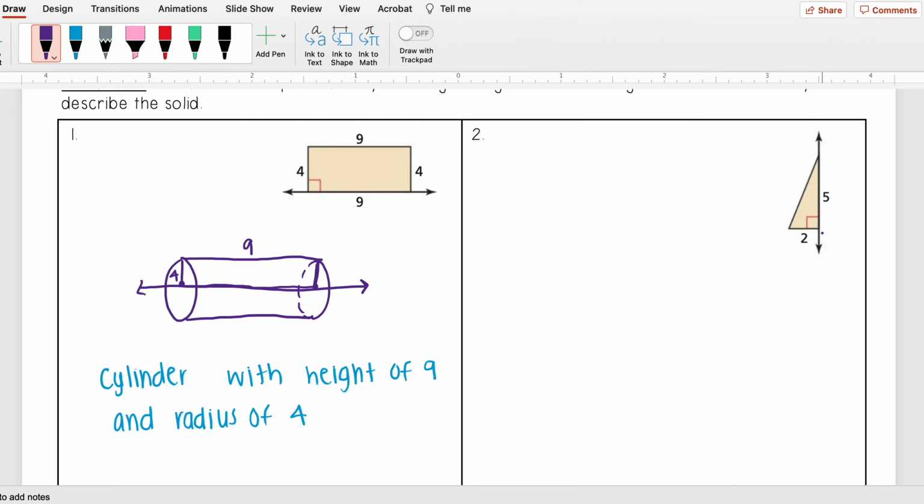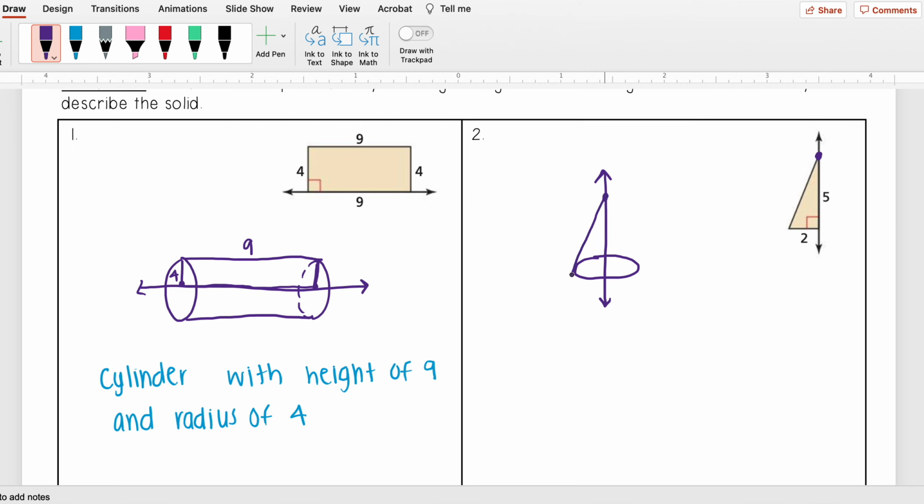So here I have a triangle that I'm rotating around. And so if I were to rotate this bottom part, I still end up with that circle base. But the top right here is actually on my axis of revolution, and so that's just going to stay there.